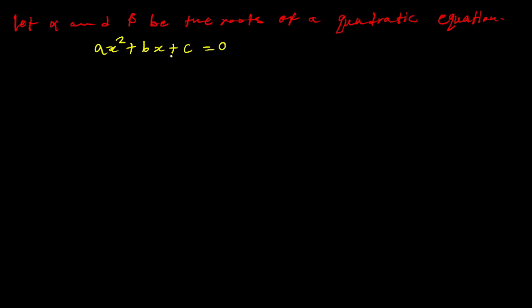So this is our quadratic equation, and we can easily simplify this quadratic equation by dividing throughout by a. So when we divide throughout by a, what we are going to have is x squared plus b over a x plus c over a is equal to 0.